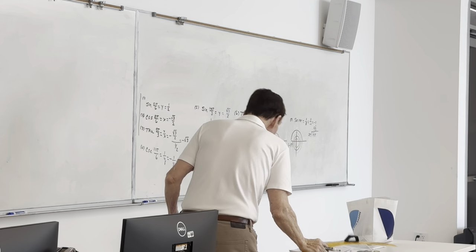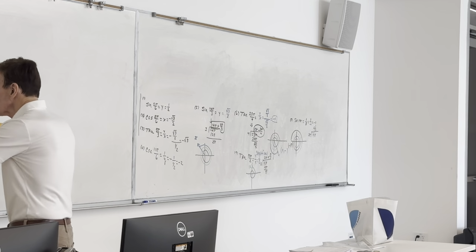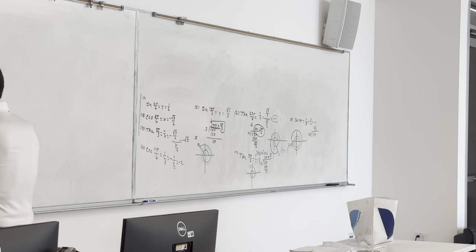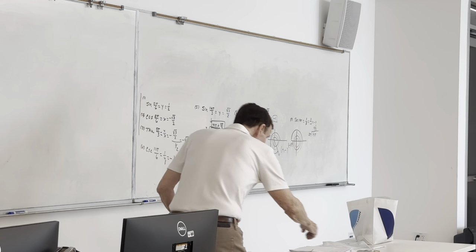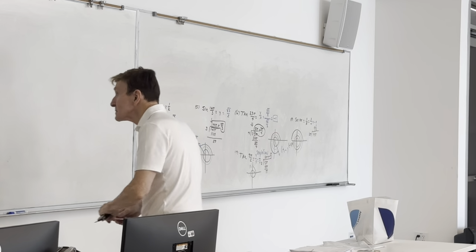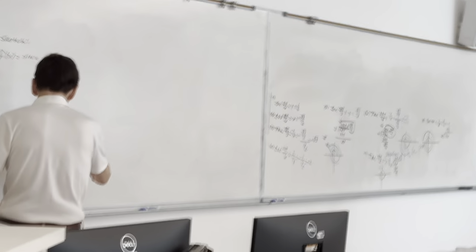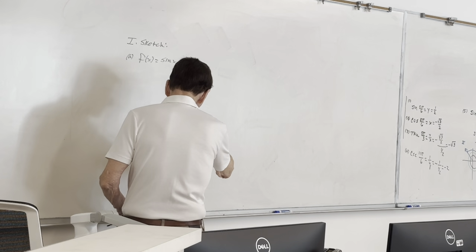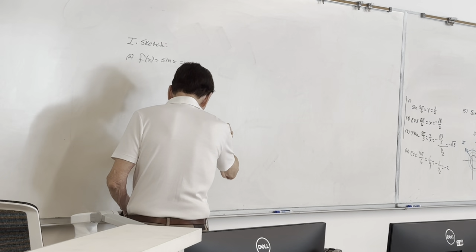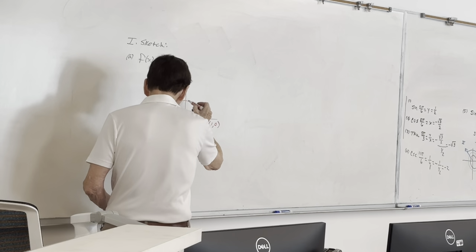Now I'm going to see what the parent graph may look like. I'm going to go back quickly to the unit circle, and look at just a few points. We'll start with 0; the ordered pair was this. We saw this before.